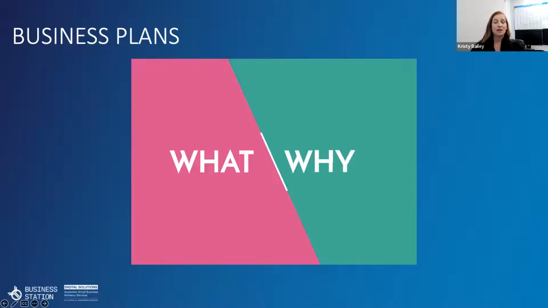So there's a couple of key jobs, like I mentioned, that business plans can have. It can explain your business idea to convince a lender or investor to put money behind that business idea. Or it can just be for the purpose of reiterating to yourself that you're on the right track and that you should invest your time and money into the business.